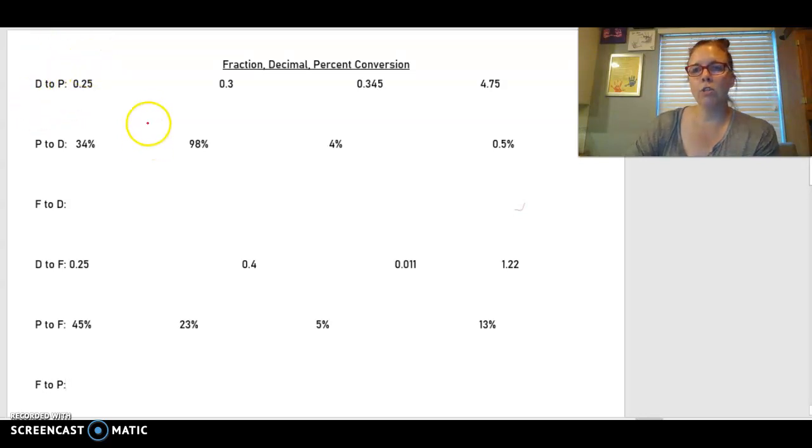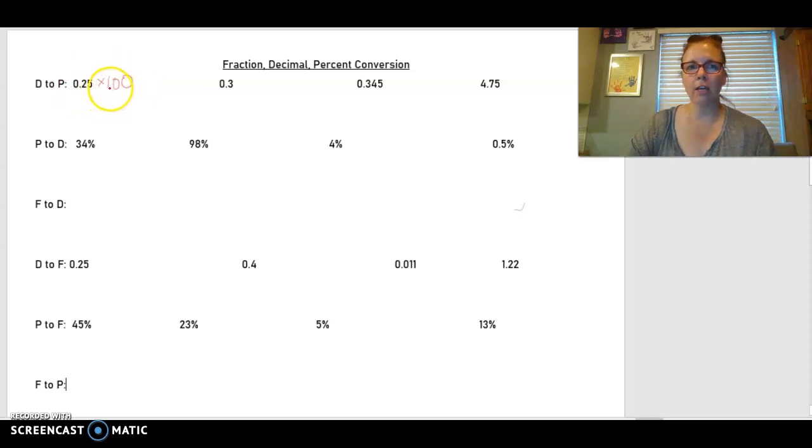So how you do that, if you have 0.25, you're going to multiply it by 100. When you multiply something by 100, you're going to move the decimal 2 places to the right. Okay, if that confuses you, just multiply by 100.